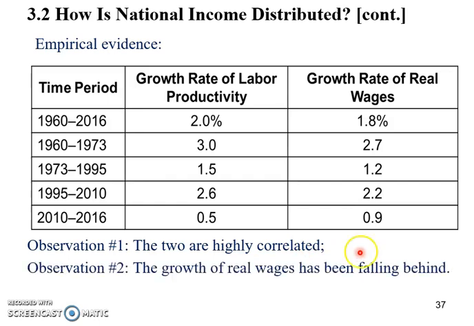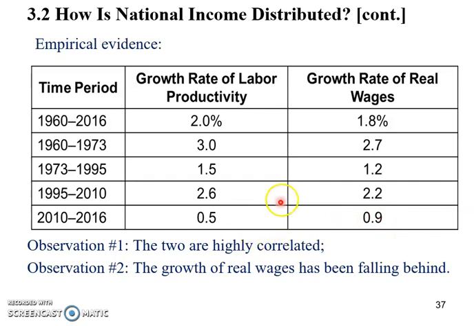Another observation is we find that the growth rate of the real wage has been falling behind compared to that of labor productivity. In other words, the numbers in the second column are always lower than those in the first column, except for the most recent years, from 2010 to 2016. We find the growth rate of the real wage has been higher than that of labor productivity.